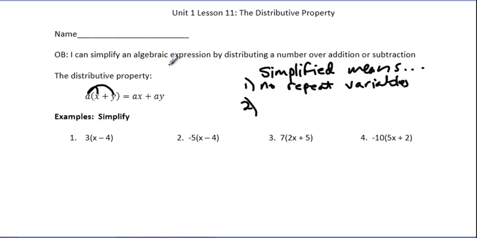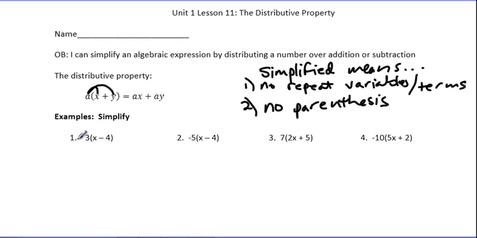So if you have repeat variables, you're going to collect like terms. And I guess really what we should say is no repeat terms, because if we have constants, those are also repeating. We got to combine those. And no parentheses. It means a lot more, but for right now, that's what we're working on. No repeat variables or terms, no parentheses.